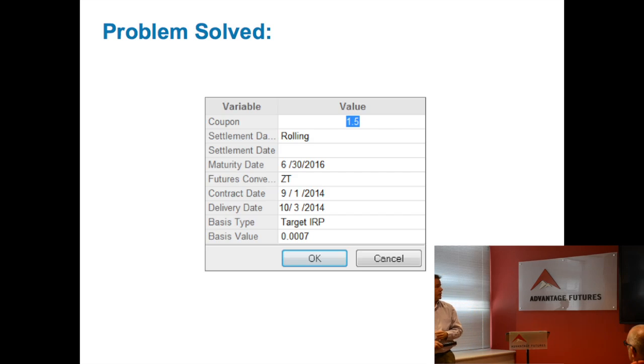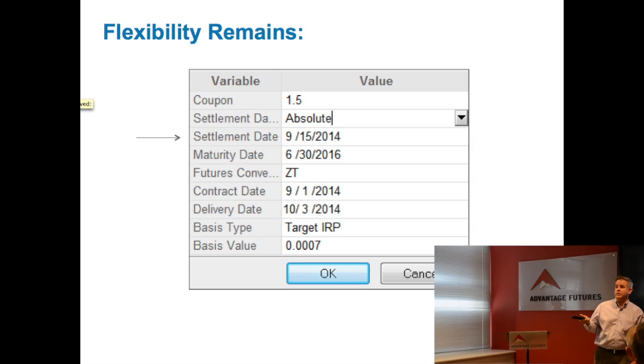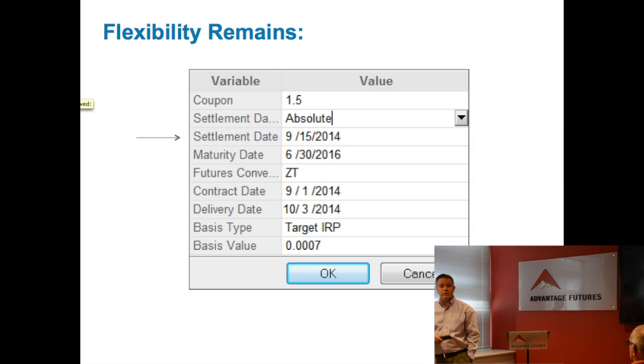And again, that's built directly into the X-Trader. But if you want to take a look at it, say against the September 15th date for DSFs or IMM swaps, you want to look at it forward, that flexibility remains. You switch the settlement date from rolling, you type in September 15th, and what's going to happen behind the scenes is the X-Trader is going to calculate the gross basis from September 15th to October 3rd in this case.